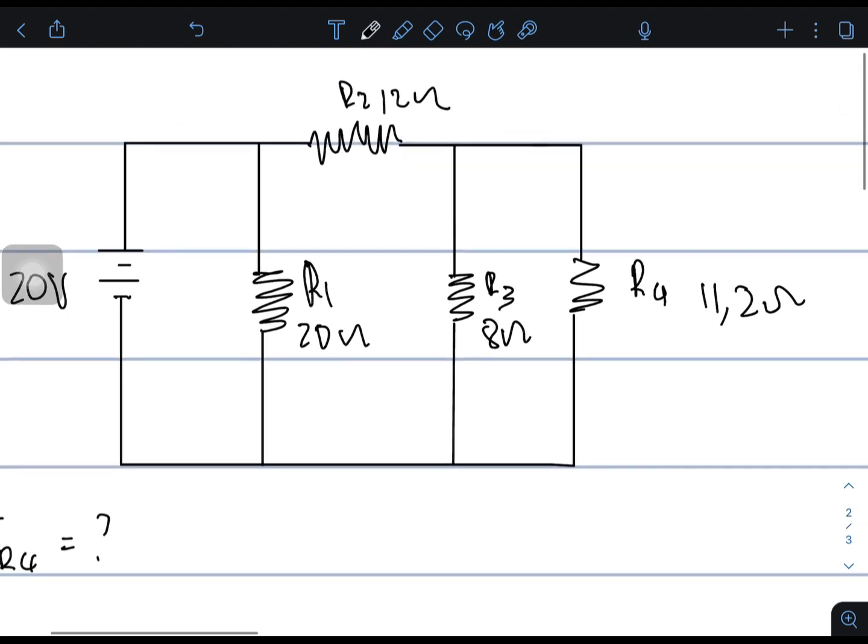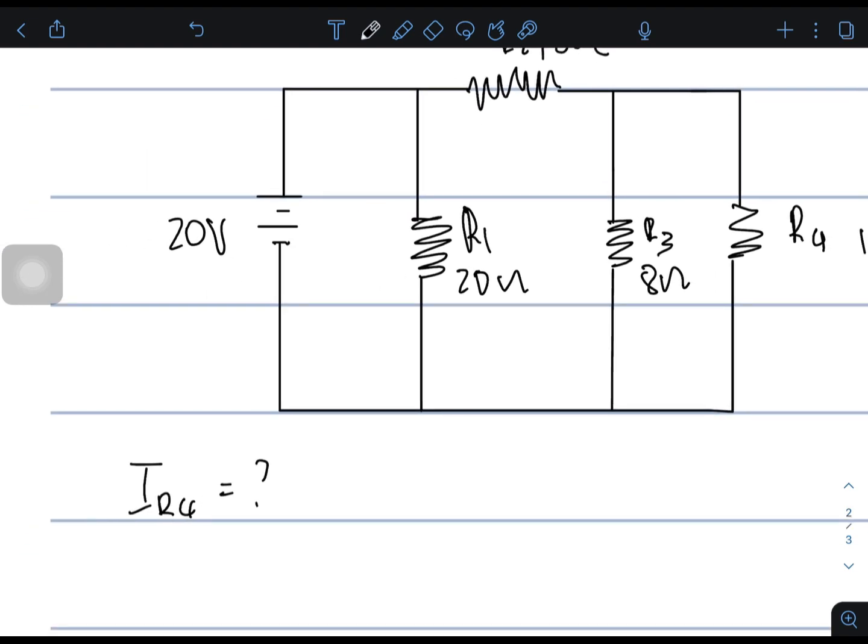Guys, when you do Thevenin, the question is the one that is guiding you about which resistor of interest you are dealing with. Because they want us to calculate the current flow through R4, that means R4 is our resistor of interest.